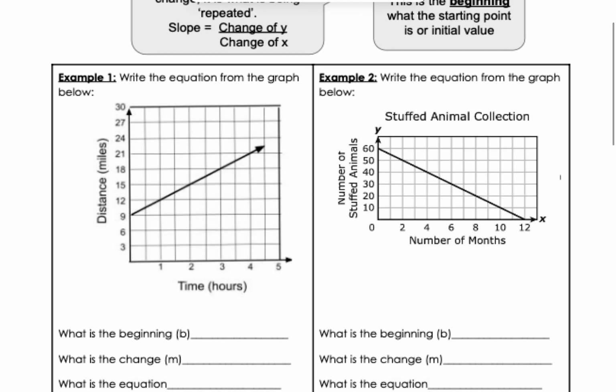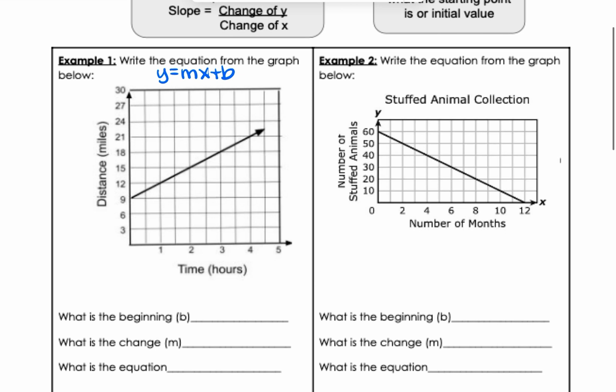So anytime it says write the equation, we know we're going to use the form y equals mx plus b. And so we know we're looking for two things. We're looking for our m value, our move value, and we're looking for b, our beginning. So b is always going to be the easiest one to look for, and we're looking for where does it cross the y-axis.